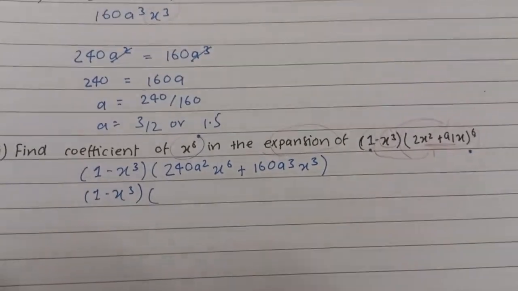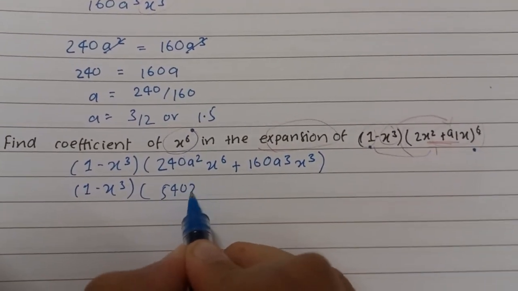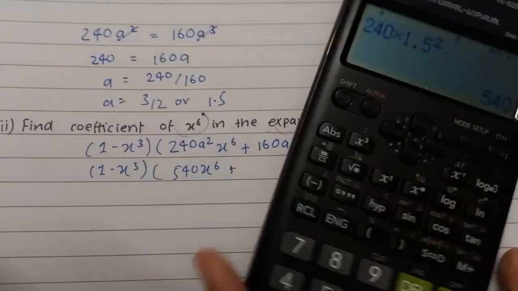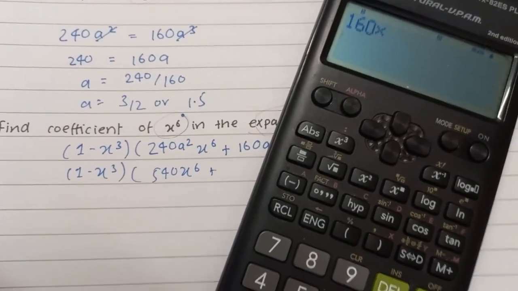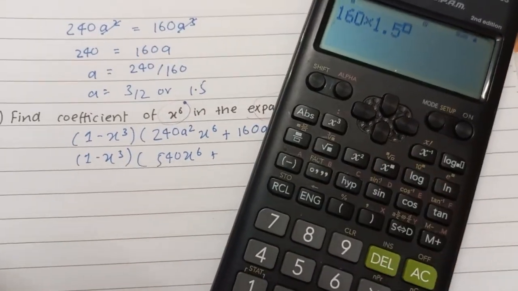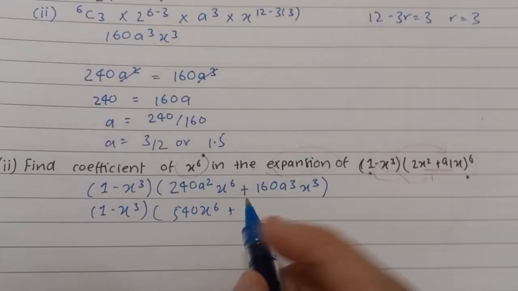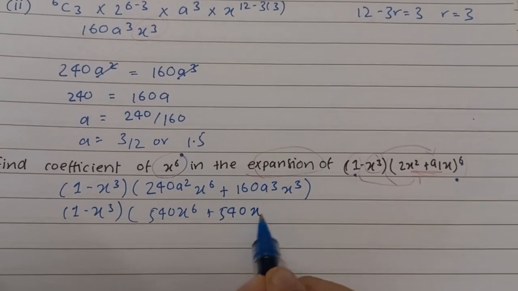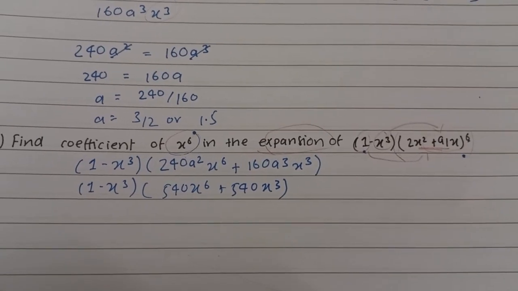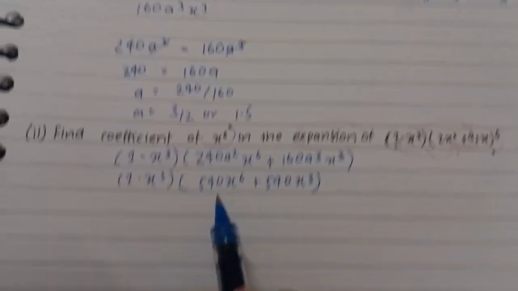So we get 540x raised to the power 6 plus 160 into 1.5 raised to the power 3, which is also 540, because in the first part we concluded that both of the coefficients are equal. Now we are going to multiply.